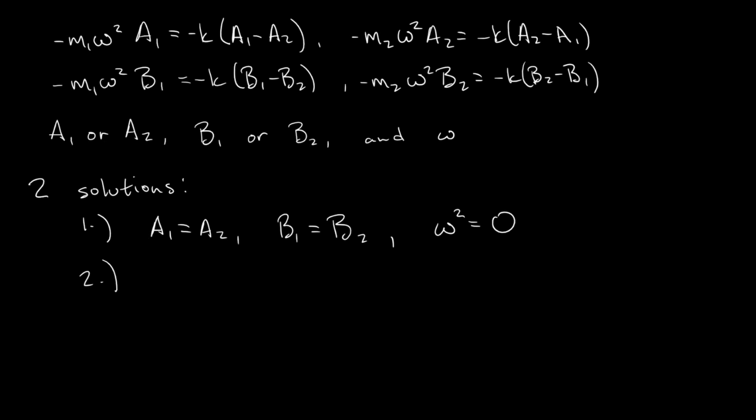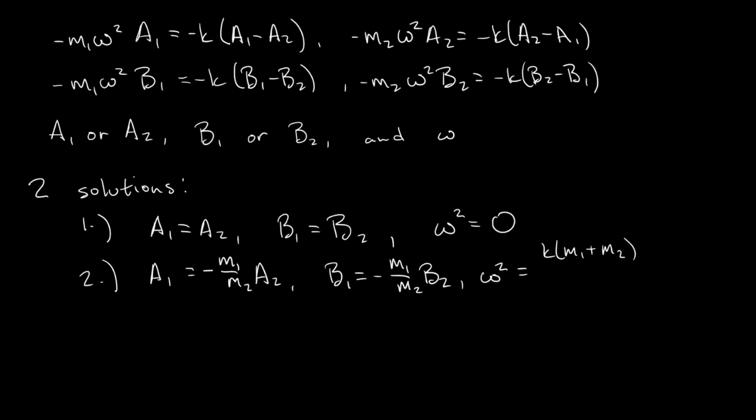And then our second solution is A1 equals minus M1 over M2 A2, B1 equals minus M1 over M2 B2, and then omega squared equals K times M1 plus M2 divided by M1 M2.